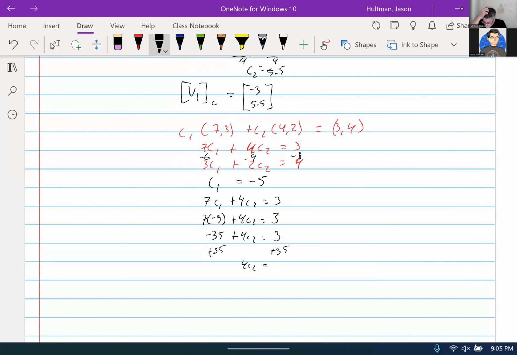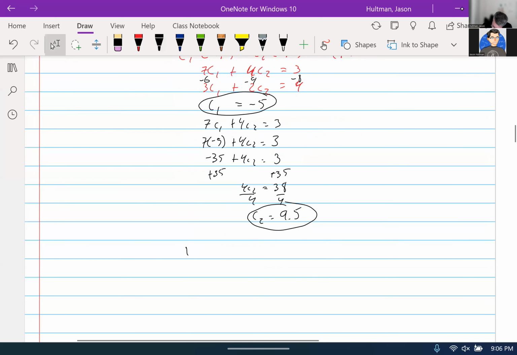Okay, so add 35, and this is 38. So divide by 4, and C2 is 9.5. So C1, C2, so V2 of C is equal to the column vector -5, 9.5.